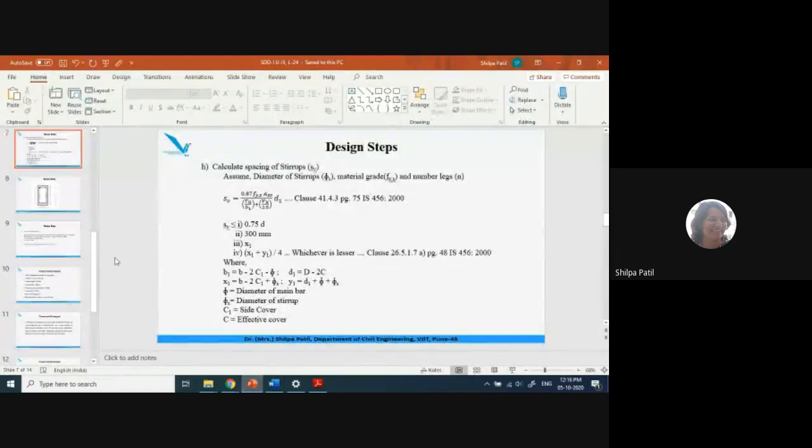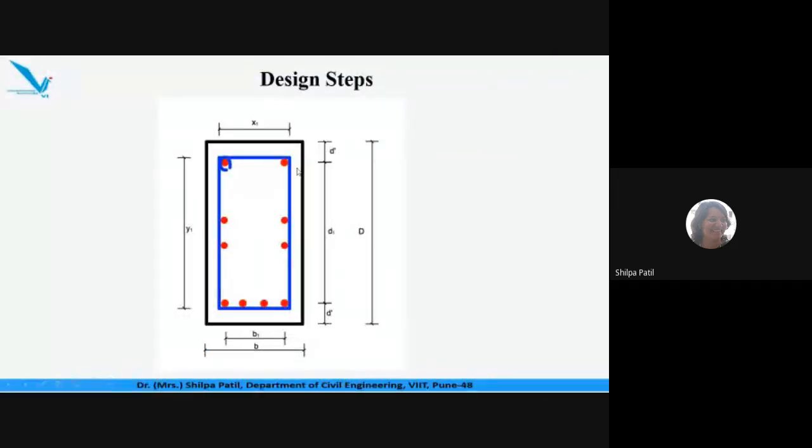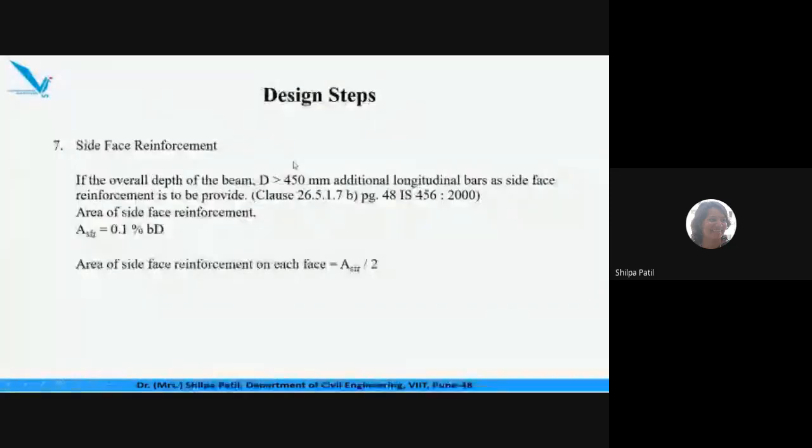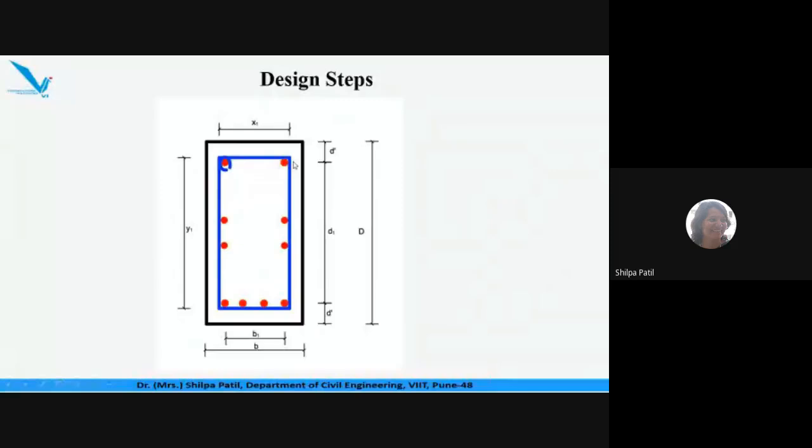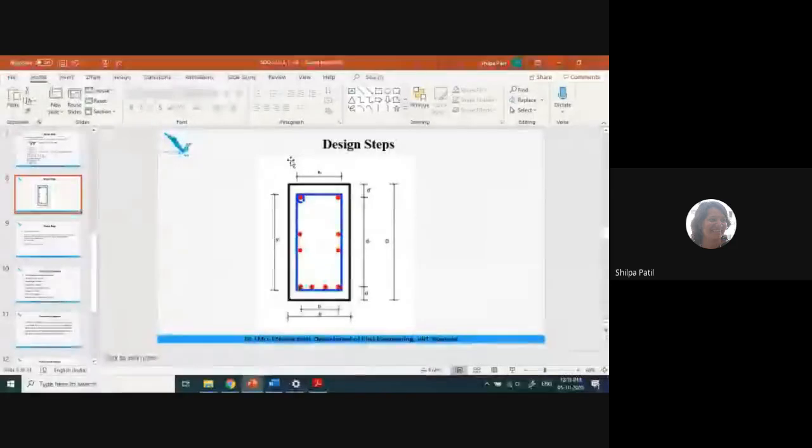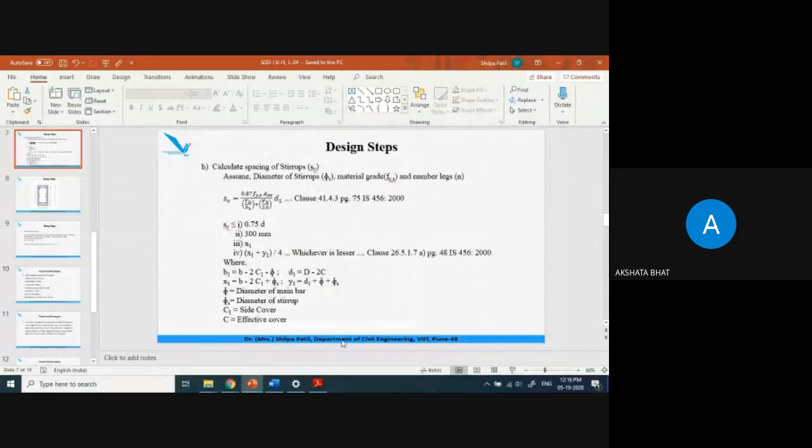Let me check the diagram, whether it is at the center or at the extreme end. As per this diagram, it is at the extreme end. So it is not written as center to center. Let me check the clause again from IS code. What was the page number given here? 48.